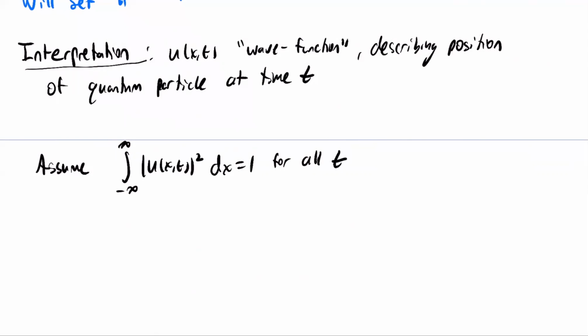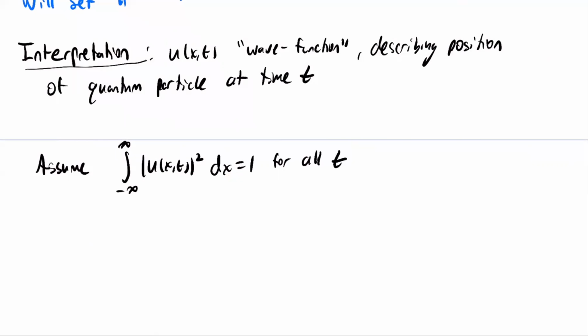You may think, how can you make this work? Sure, if you fix t, you can multiply the function u by some constant so that this integral is equal to 1. But as t varies, how do you know that it's going to stay equal to 1?